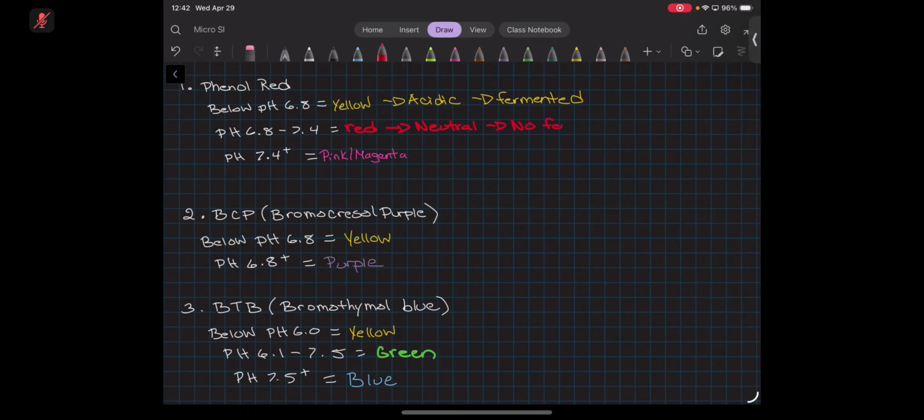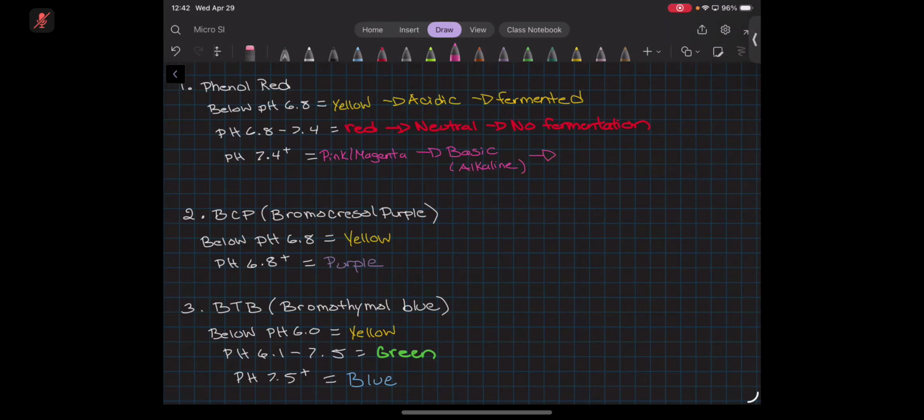If it's yellow, then what does that tell you? If it's red, neutral. And if it's pink or magenta, basic, which is also alkaline.